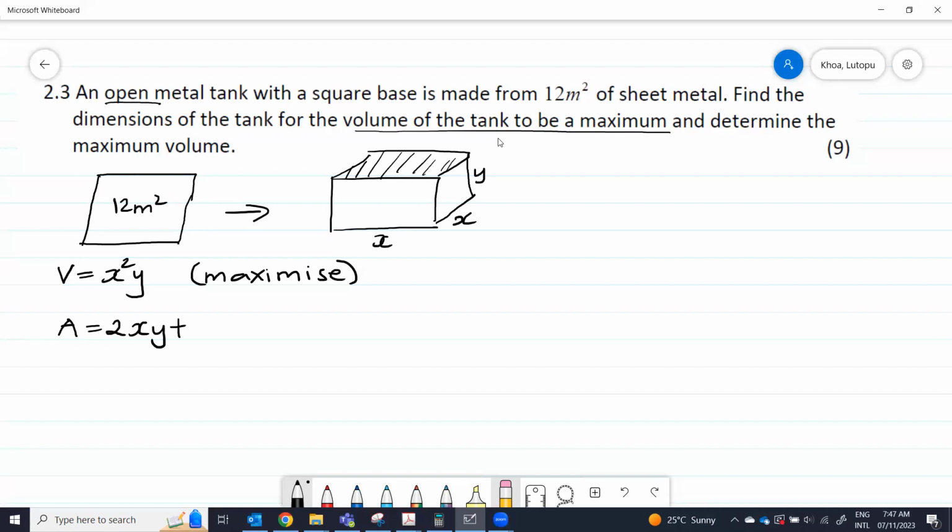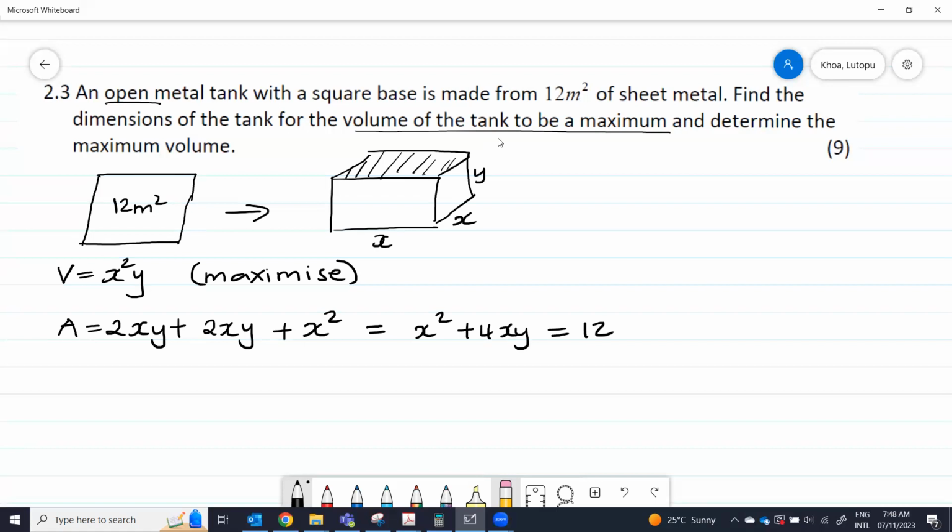And then we have the sides, this one here, which is x times y, and then there's that one there as well. So this is 2xy. And then we have the base, which is x squared. Okay, so when we just rewrite this, this is x squared plus 4xy, and this is equal to 12.